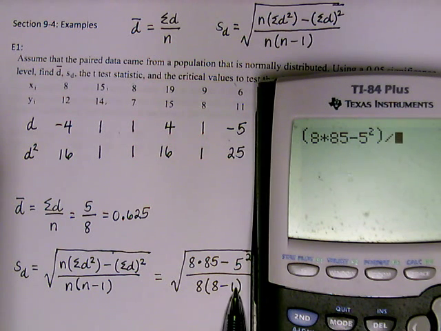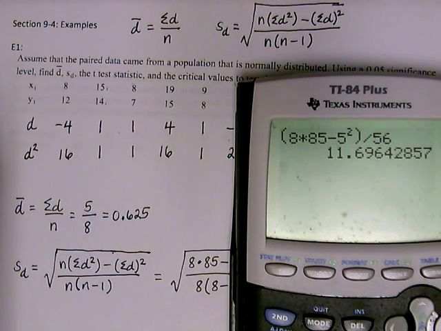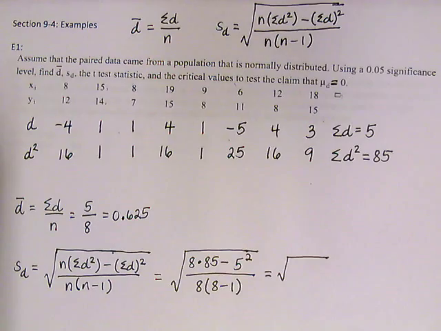If I do 8 minus 1, that's going to be 7. 7 times this 8 on the outside would be 56. So I can just go ahead and type in the 56, to save some keystrokes here. And then hit enter. So this will be 11.69642857.